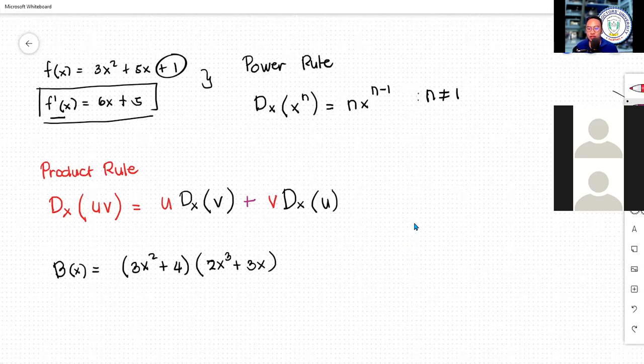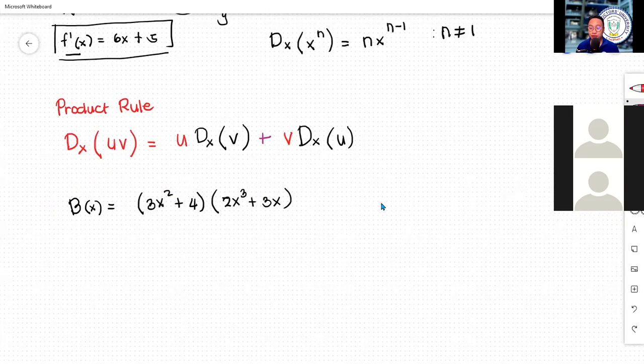If we wish to follow the product rule, guys, this is very easy. First, before you right away do the derivative, represent first the expression with the letters u and v. To make it easier to pattern, we're going to make this expression our u, and this expression our v.